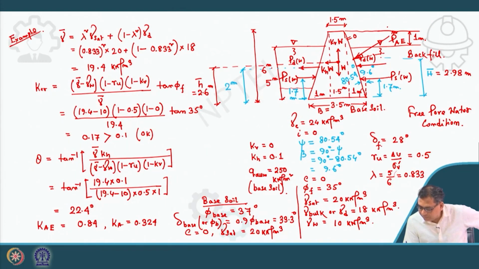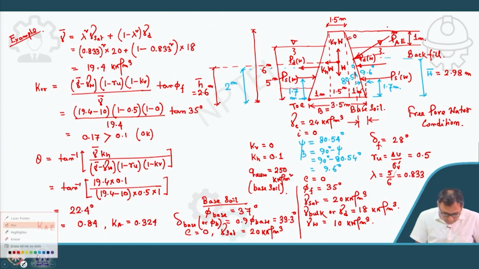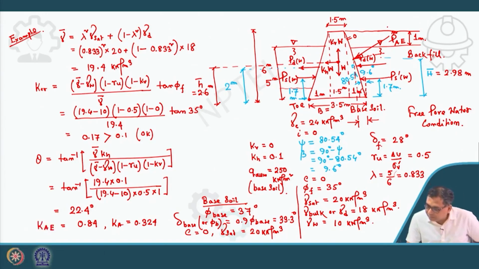If I take the moment from the toe, what would be the lever arm? So, first calculate this one. B minus this will be the lever arm of that vertical component. This is the lever arm.